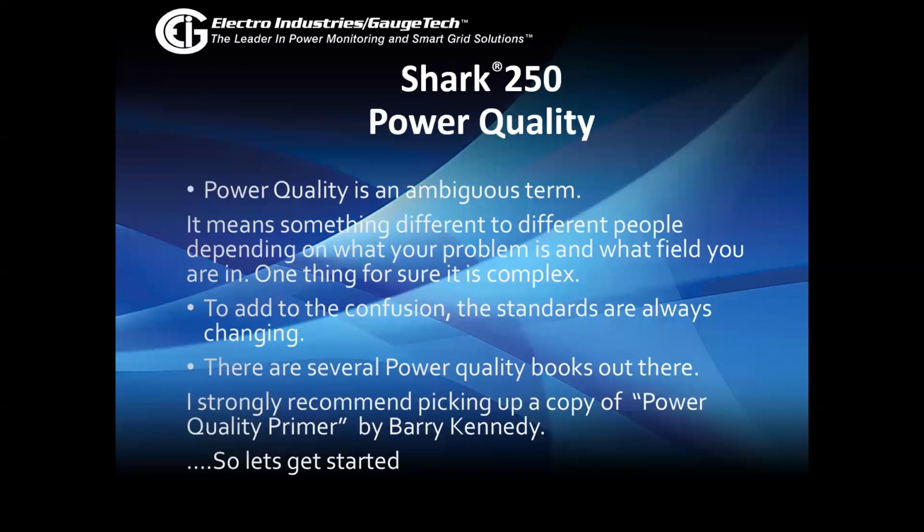It means something different to everyone for the most part, and it depends on what field you're in how power quality affects you, and it's a very complex process in determining where your problems are or what type of power quality issue you have. And so standards are always being revised, and to this day there's always an exception to the standard, so things are always changing.